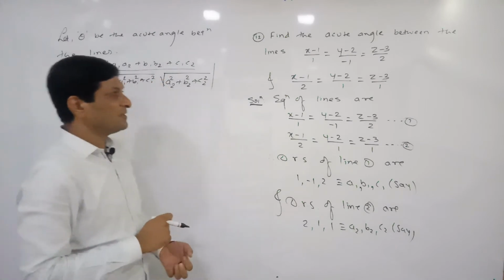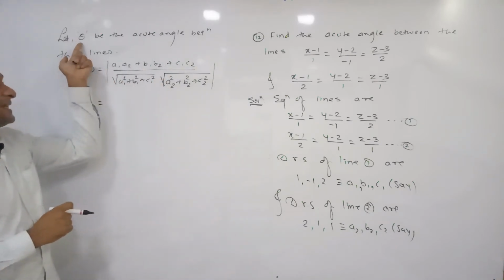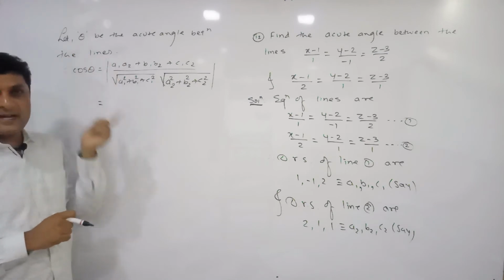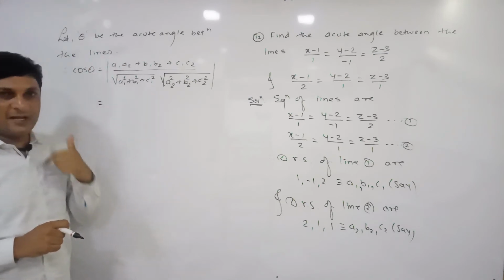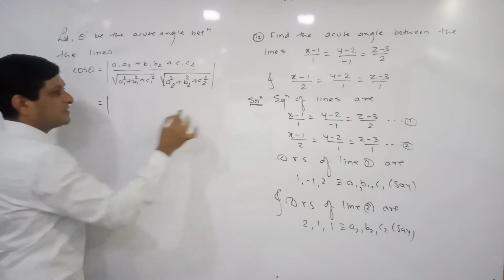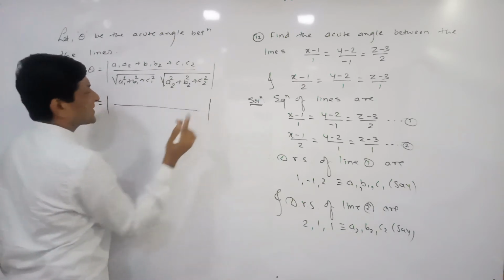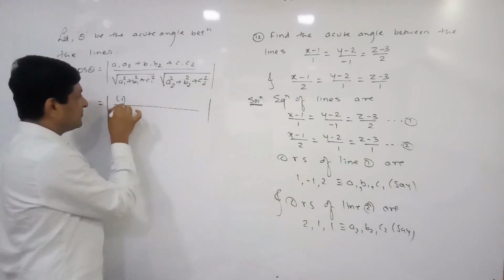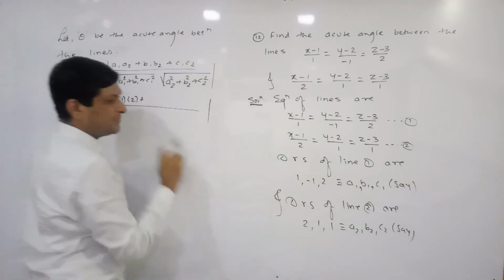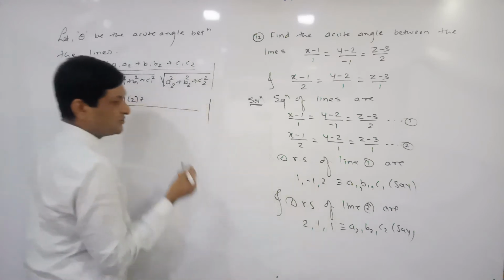We are denoting the acute angle between these two lines say by theta. So if theta is the acute angle between these two lines, then this formula is applicable to find out angle between the lines. Remaining part is just to substitute the values. So A1 A2 means 1 into 2. So here we will get 1 into 2 plus B1 B2 means minus 1 into 1.